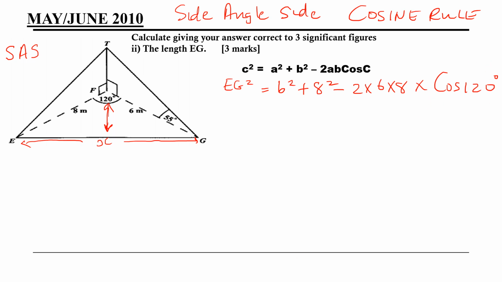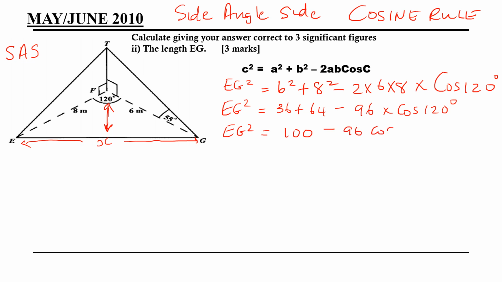Good, so let's continue. EG squared is equal to 36 plus 64 minus 2 times 6 times 8, that is 96 times cos 120 degrees. So EG squared is equal to 100 minus 96 cos 120.